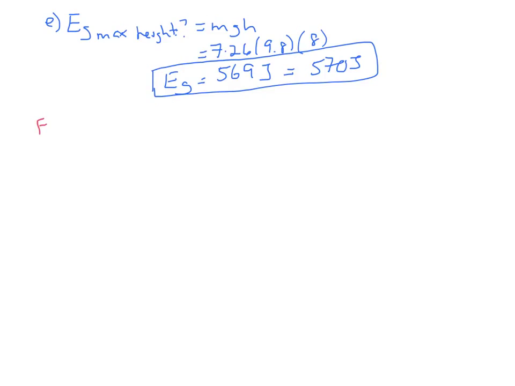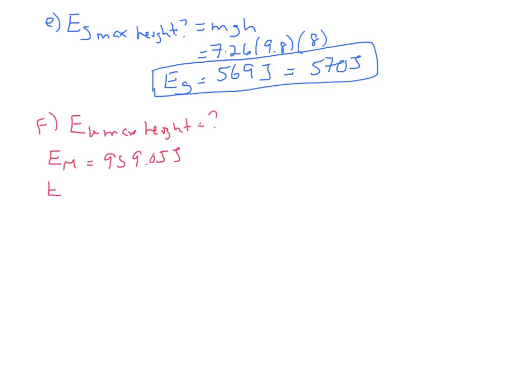F says, what is the kinetic energy of the shot as it's at its maximum height? Okay. A little tougher. Now EK at max height. Now, how do we do this? We don't know the velocity, but we do know the total mechanical energy. We found it out in the last question. It's 959.05 joules.